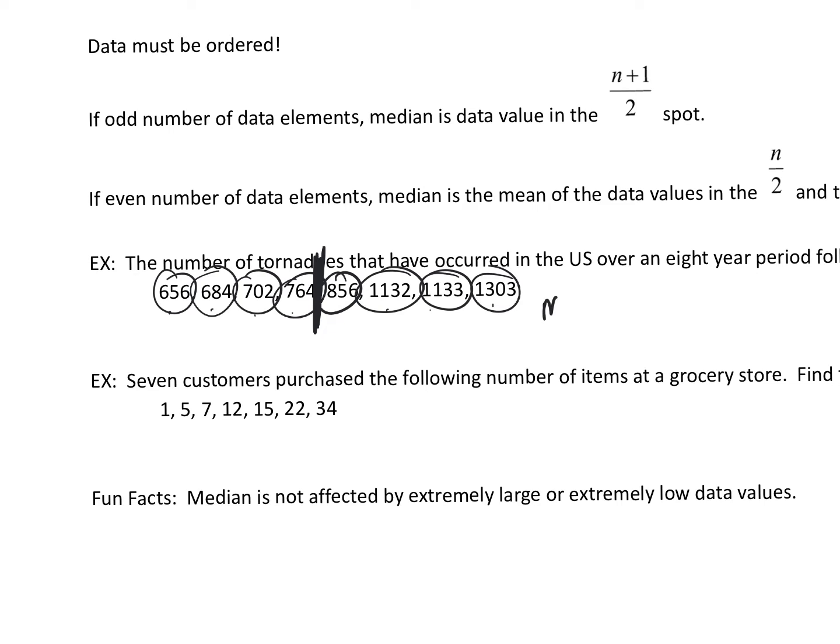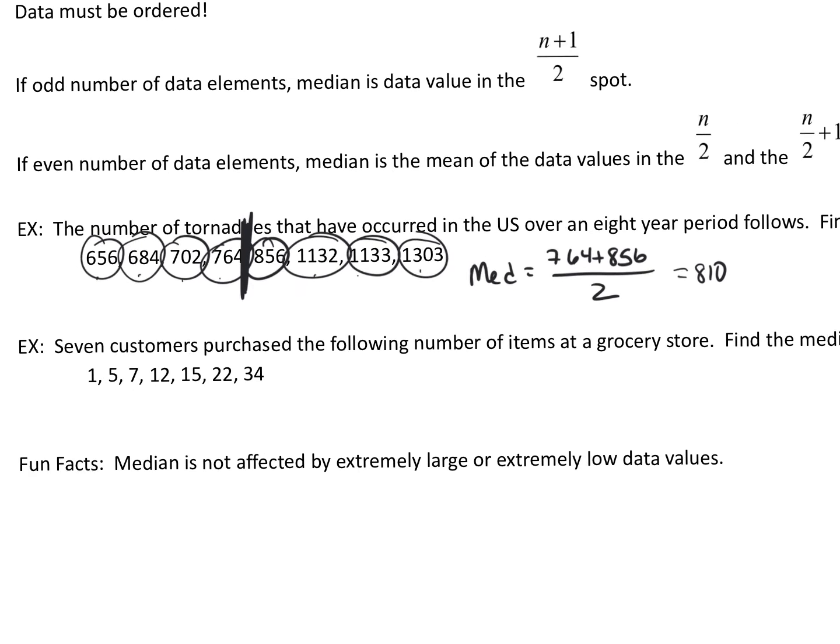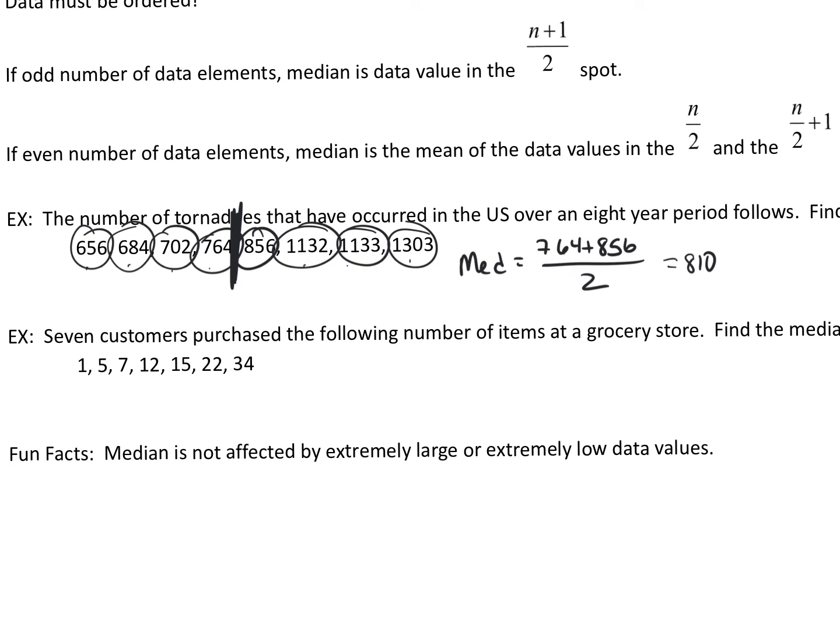So for my median, which doesn't really have a fancy symbol, we just take those 2 numbers and take their average. 764 plus 856 divided by 2 is going to be 810. And since this is number of tornadoes, our unit would simply be tornadoes. So we have 810 tornadoes.